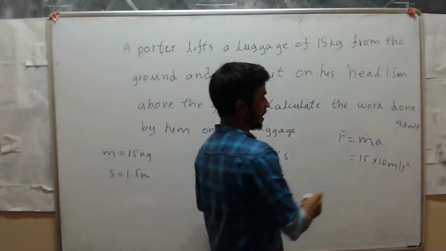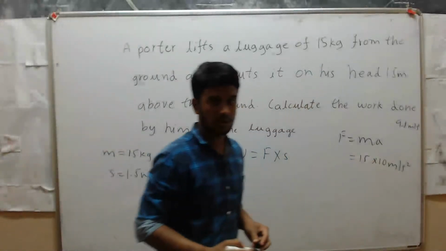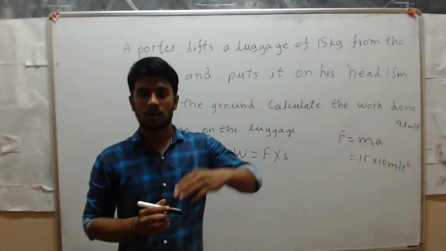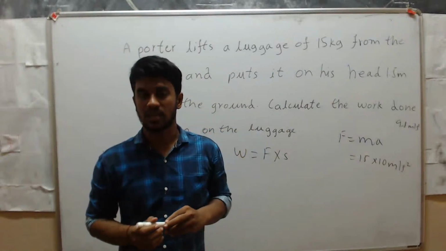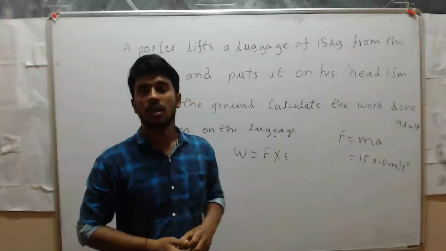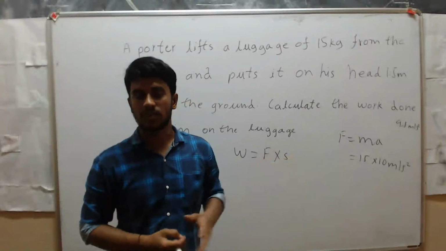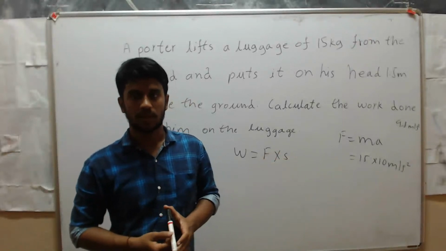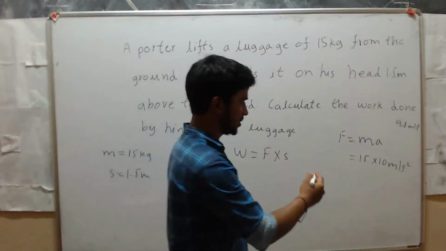So here a equals 10 meter per second square. While falling and going upwards, we always take the acceleration as 9.8 or 10 meter per second square.